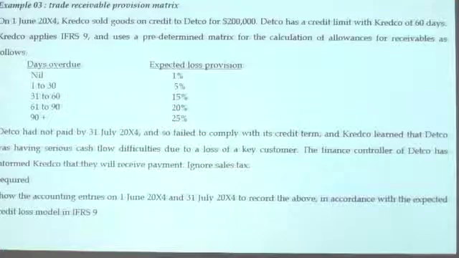Is that clear? Now, 1 to 30 days means you sold on 1st June, you completed 60 days up to 31st July, then you increased up to 5%, therefore you made an additional 8,000 provision. Assume there is a 1 month period. Now assume you have completed 1 month without collecting that debt. Now you are at 31st August. When you come to 31st August, it automatically drops into the 3rd bucket, 31 to 60 days.